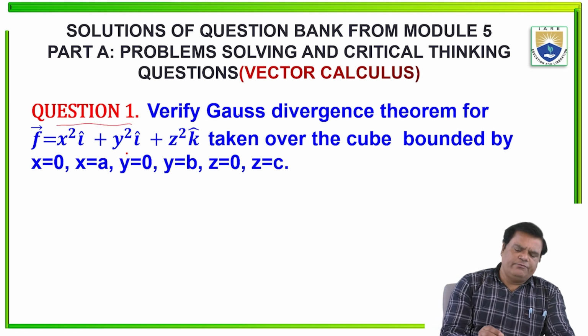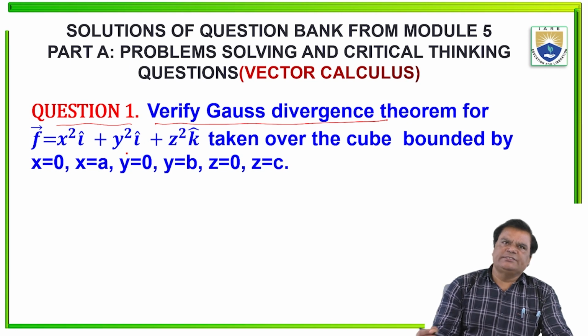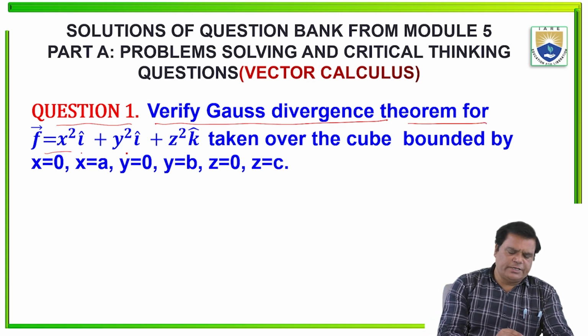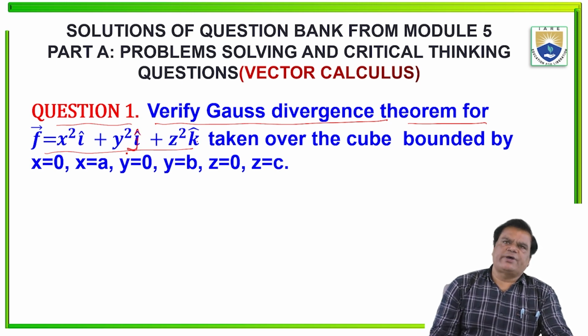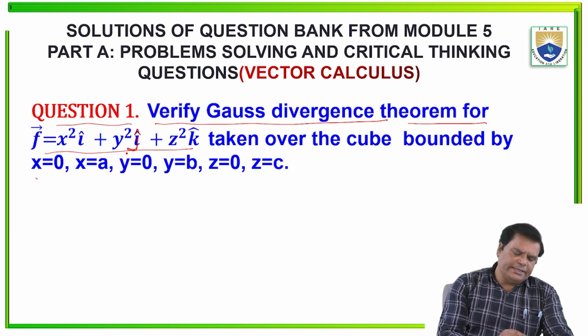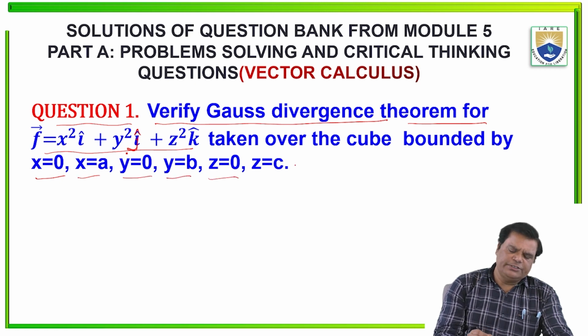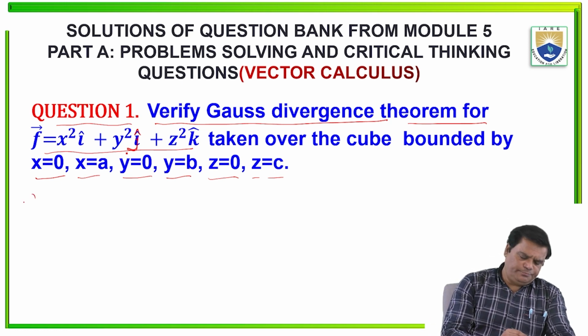Question 1: verify the Gauss divergence theorem for the vector point function F = x²i + y²j + z²k taken over the cube bounded by x = 0, x = a, y = 0, y = b, z = 0, z = c. Solution.